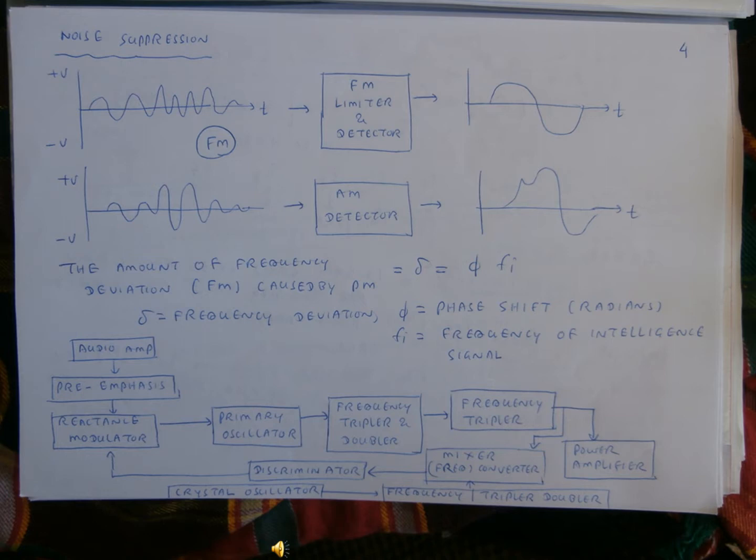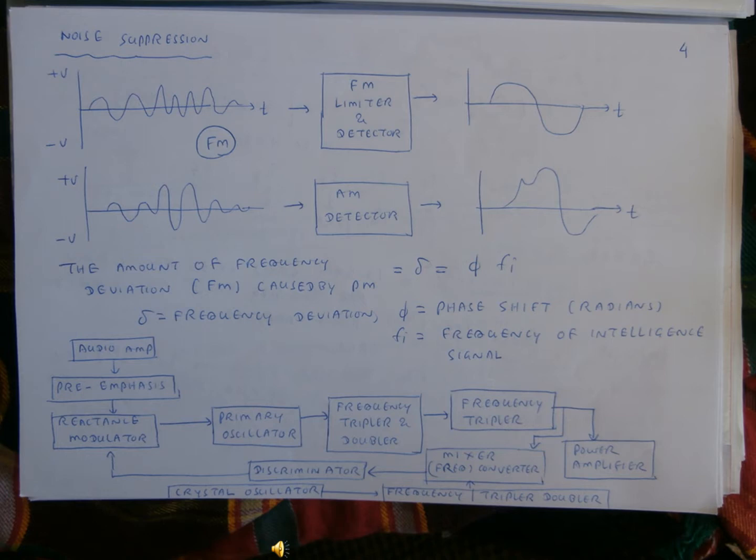The way to generate the frequency modulation is that the signal usually comes from the audio amplifier, then passes through the pre-emphasis, and then through the reactance modulator. The output of the reactance modulator is transmitted to the primary oscillator, then to the frequency tripler and doubler, and finally reaches the power amplifier. The feedback is also taken between the frequency tripler and the power amplifier.